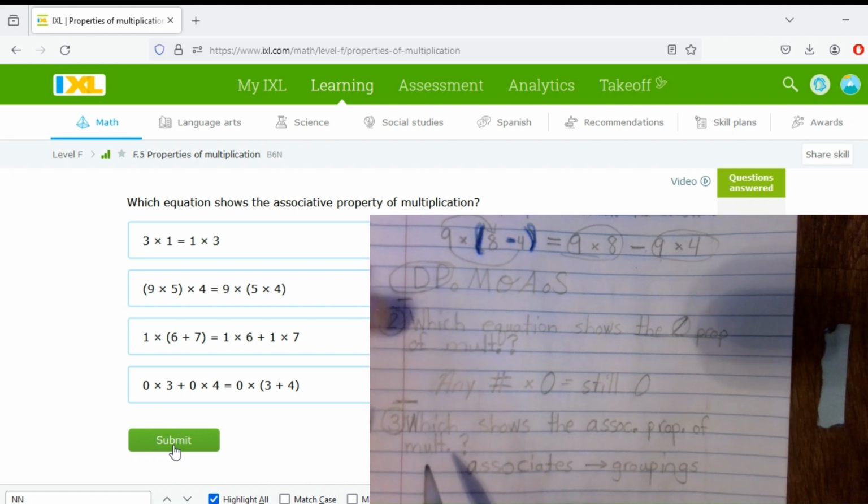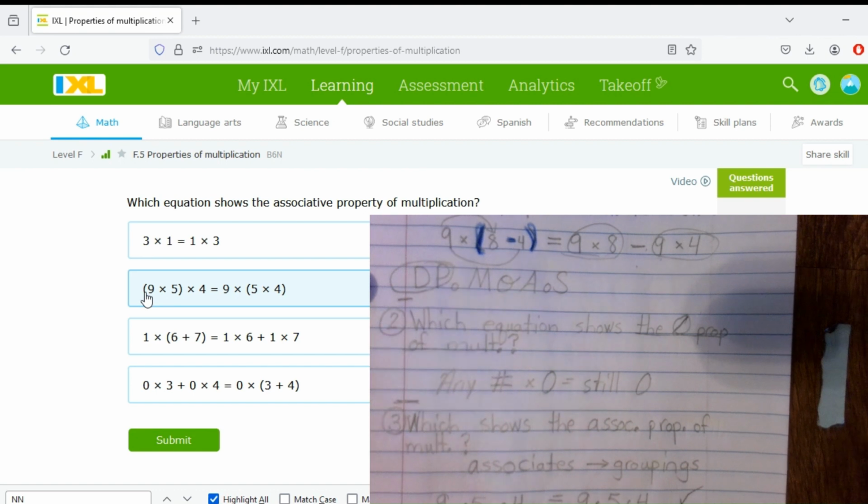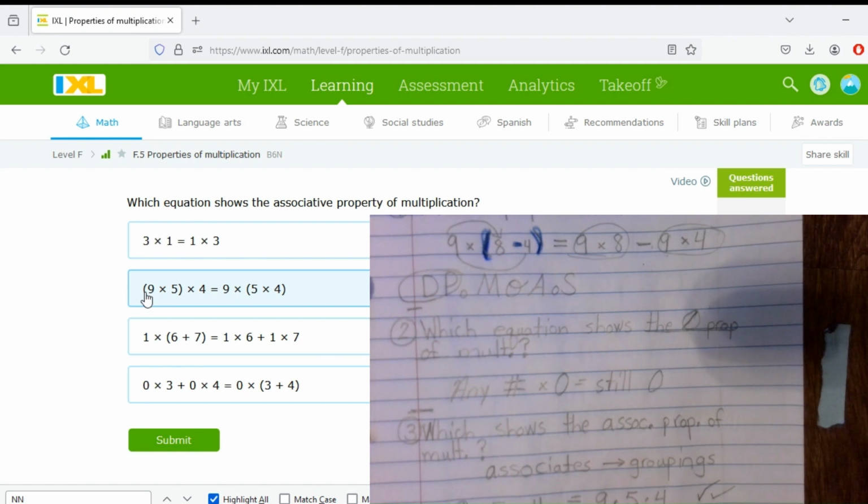And so I see 9 times 5 times 4 equals 9 times 5 times 4. My numbers 9, 5, 4 are the same. My operation, multiplication, is the same. And so what's different?